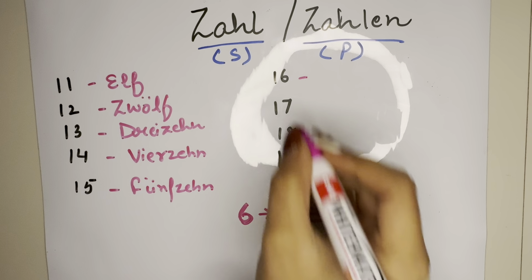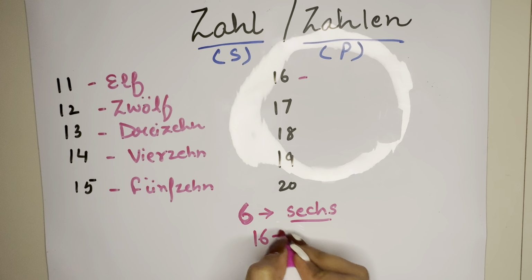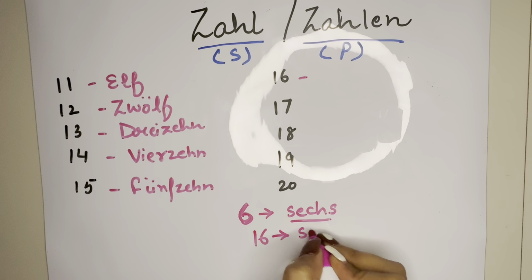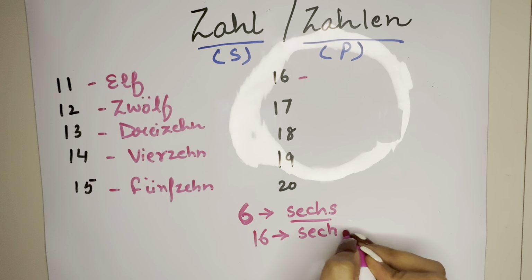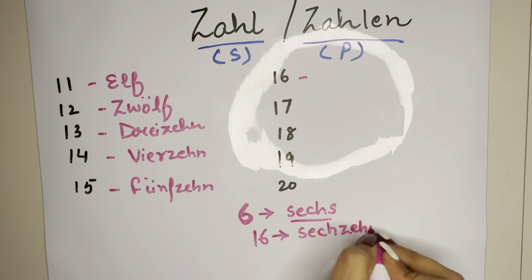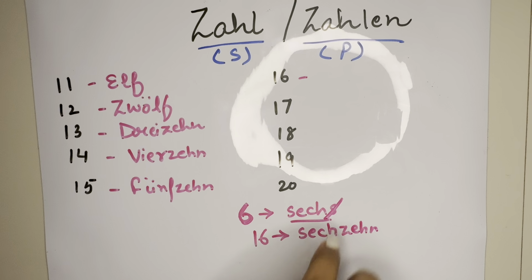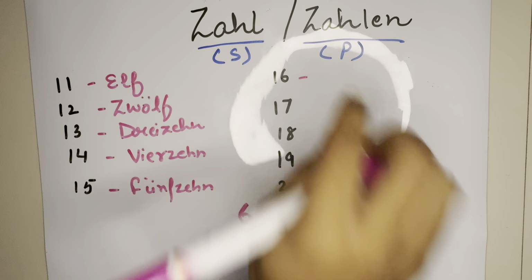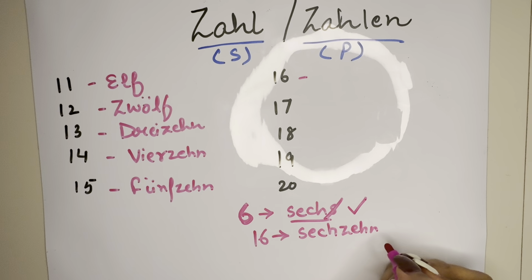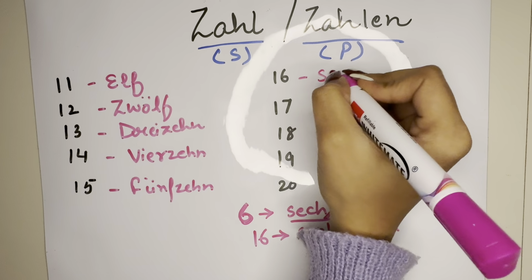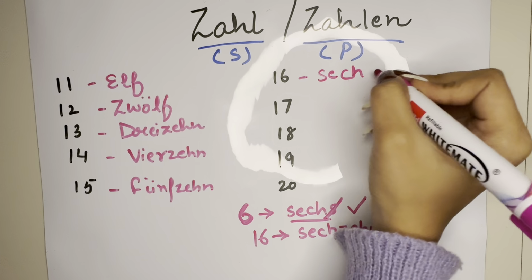So, when we write 16, it is sechzehn. We don't write the s in 16. It is there in sechs but not in sechzehn. So it's written as sechzehn.